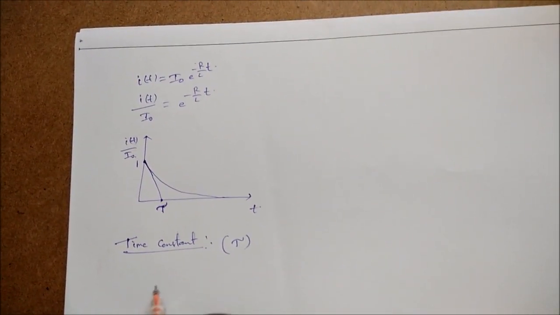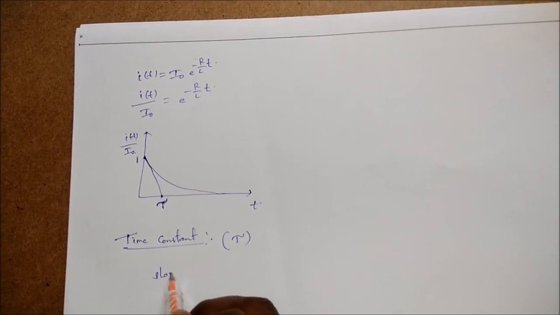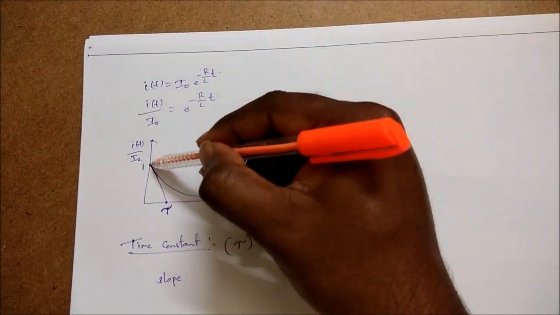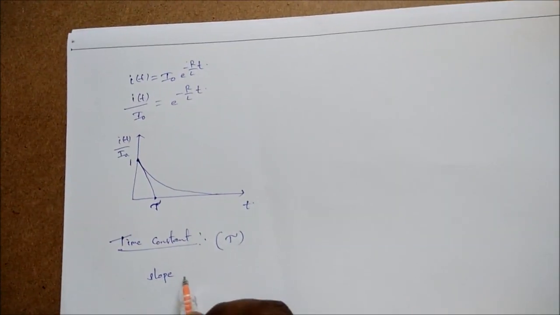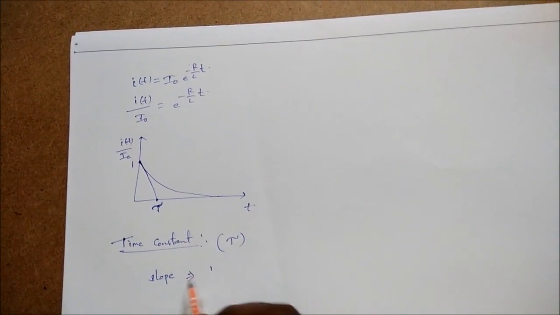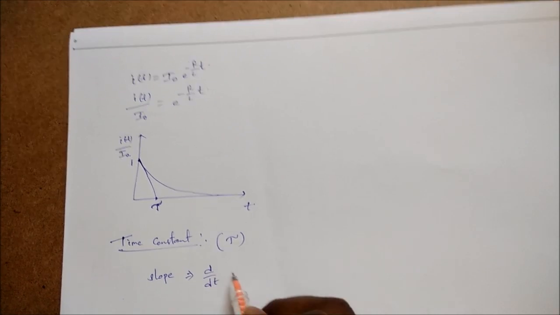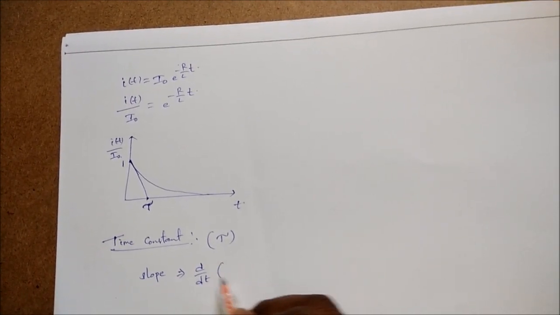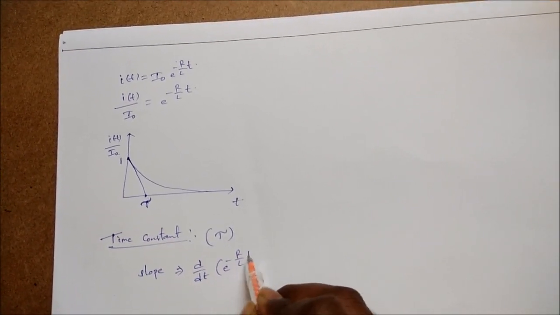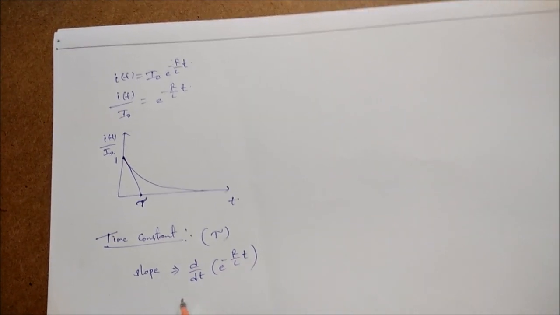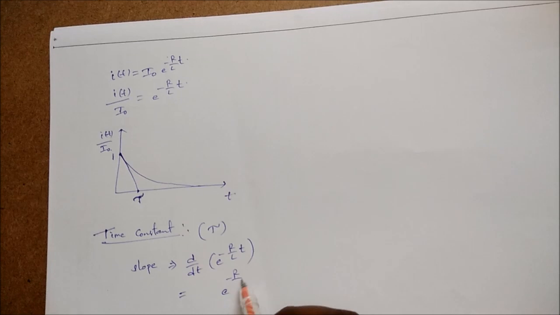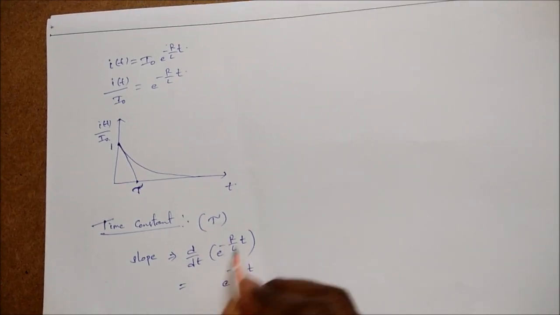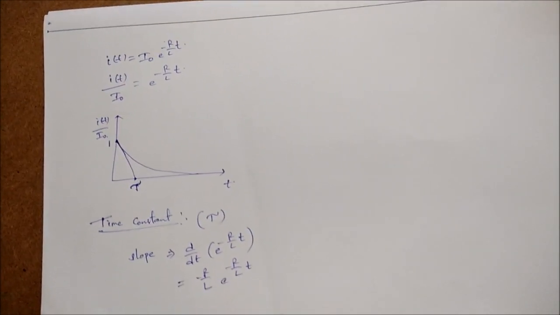Now let us calculate the slope, because it is falling at the same rate. The slope for any curve will be the derivative of that curve. So the derivative of e power minus R by L into t, and minus R by L will come here.